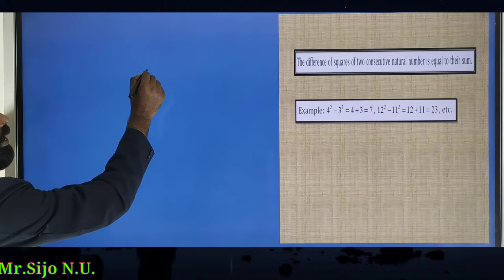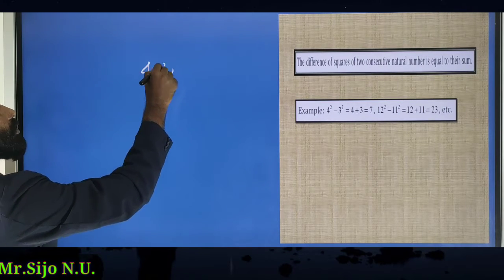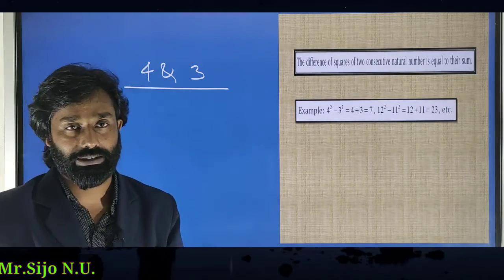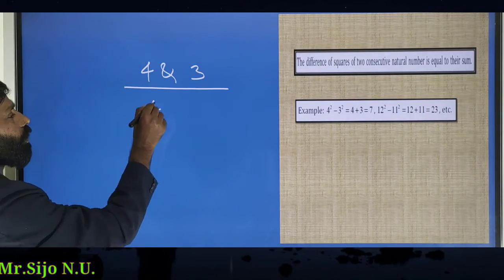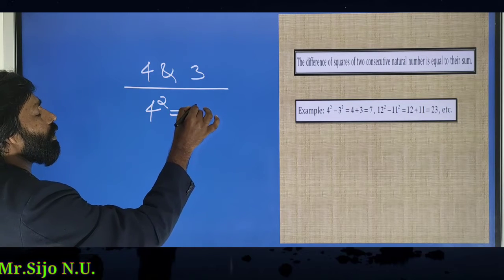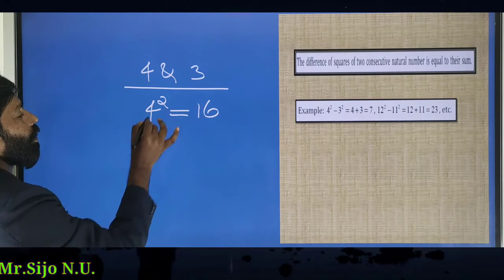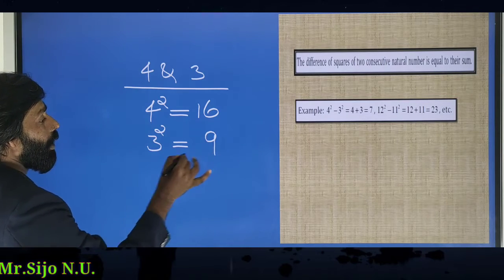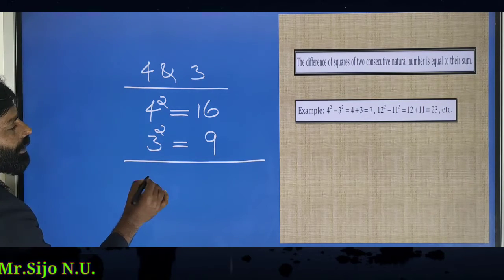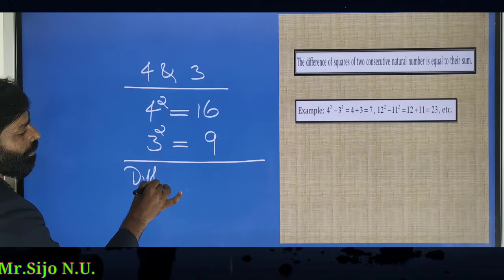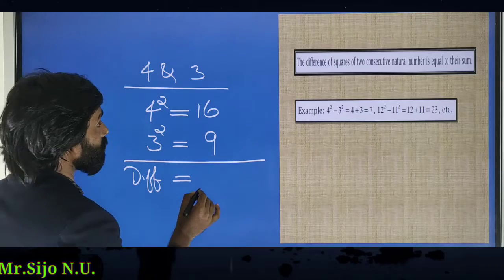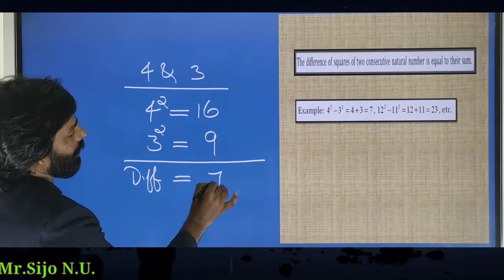Let us consider 4 and 3. We know these are two consecutive integers, right? Let us check what is 4 square. We know that is 16. And now consider 3 square. That is 9. And what about its difference? Yes, that is 7.